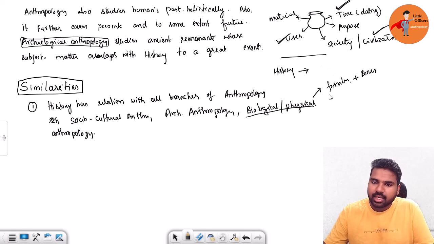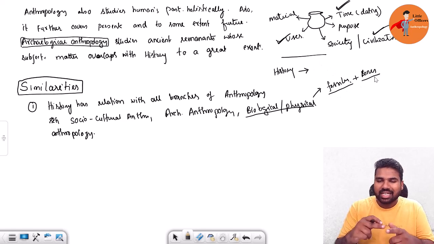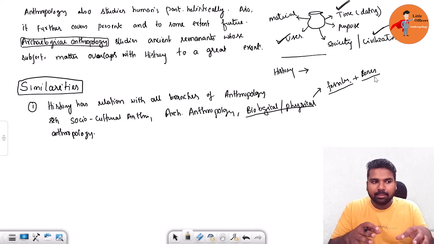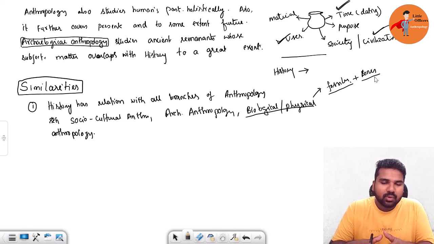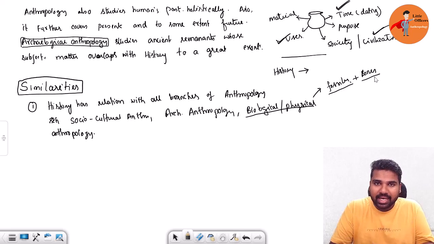From here, we start studying the time period they belong to, and depending upon the burial patterns, we also see what belief patterns they had. We see whether they buried their dead or cremated, and buried with rituals. If some flowers were offered, we'll find the pollen. So from there we say there were burial practices or rituals associated with these graves. Such information we get.